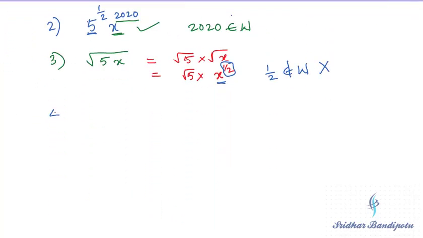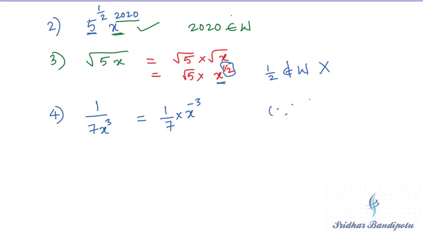Let's take one more example. 1 by 7x cube. Now 1 by 7x cube, actually we can write it as 1 by 7 of x to the power of minus 3.